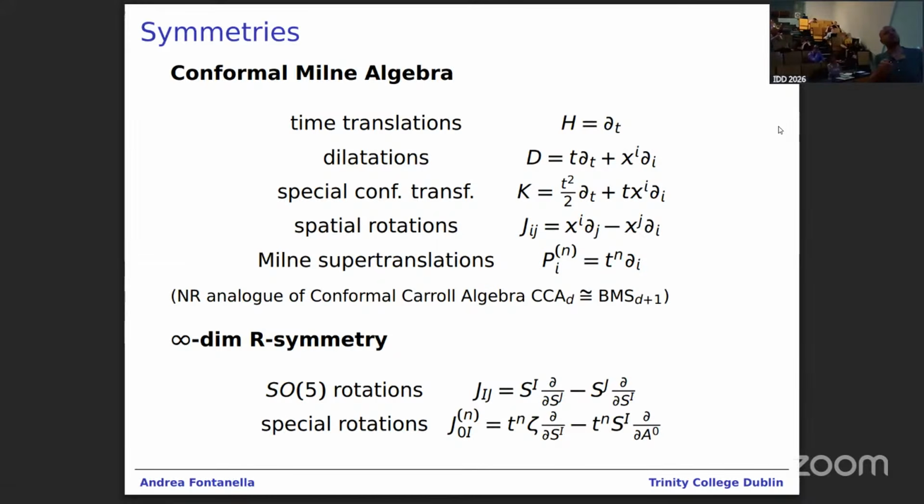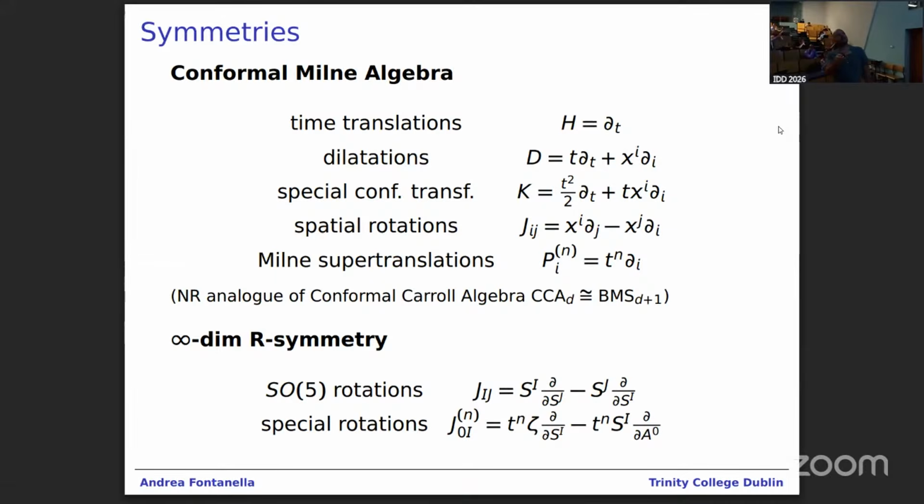Then you have three-dimensional spatial rotations, and then you have, this is quite peculiar, a Milne supertranslation. So you have an infinite number of generators, which are a kind of non-relativistic analog of the supertranslations of the BMS algebra, just you have to swap time with space. That is a very new ingredient that you don't have in the relativistic AdS/CFT.